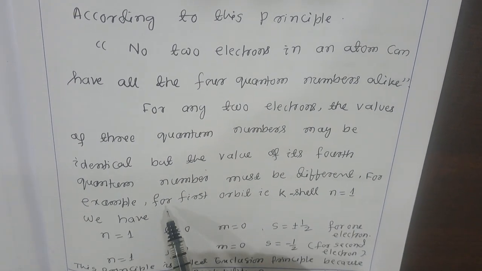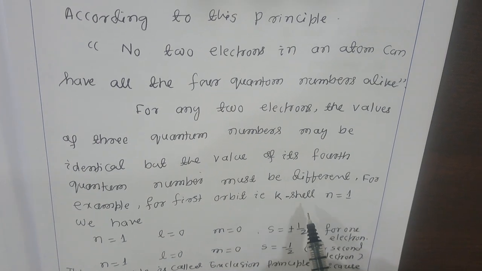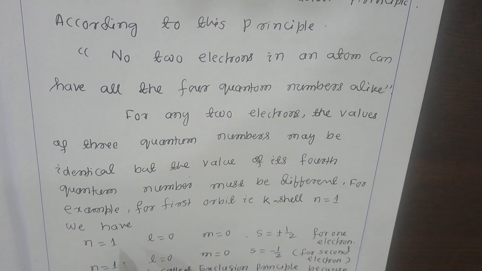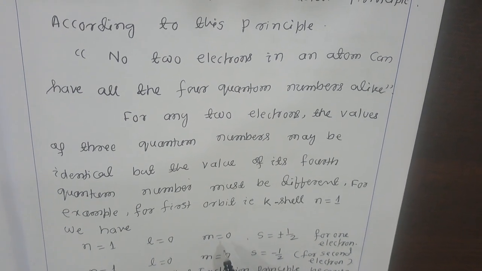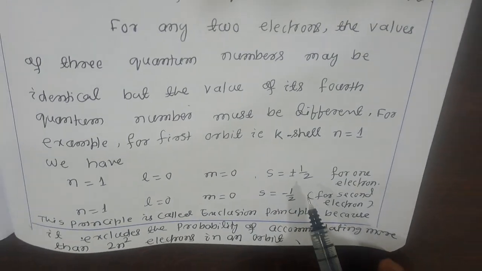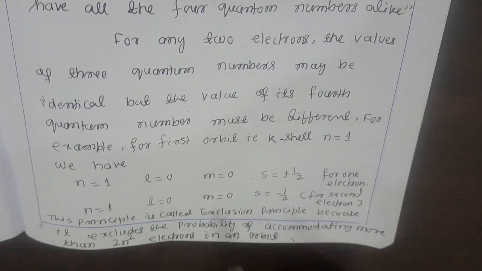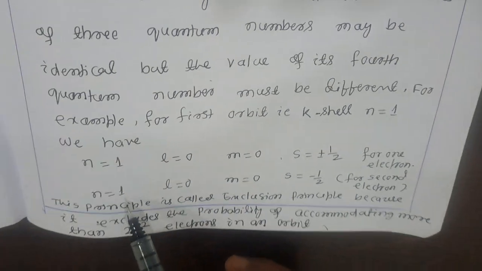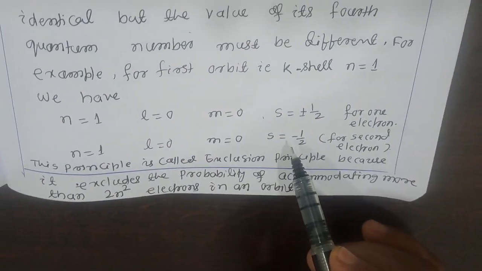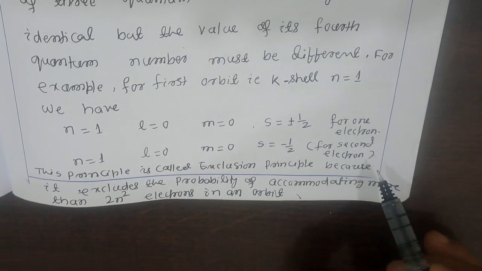For example, for first orbit, that is K shell, n is equal to 1, we have n is equal to 1, l is equal to 0, m is equal to 0, s is equal to plus or minus half, that is for the 1 electron. Then n is equal to 1, l is equal to 0, m is equal to 0, s is equal to minus half for second electron.